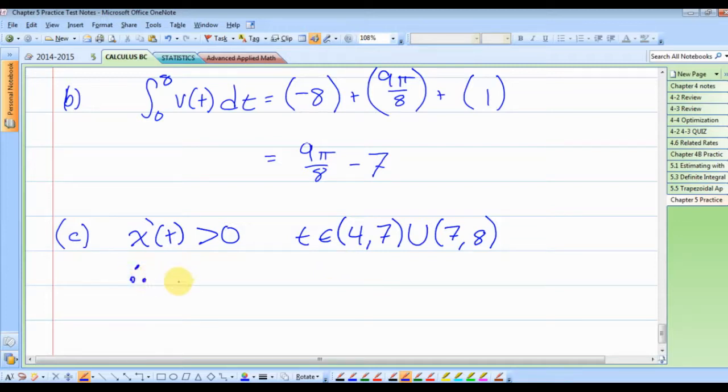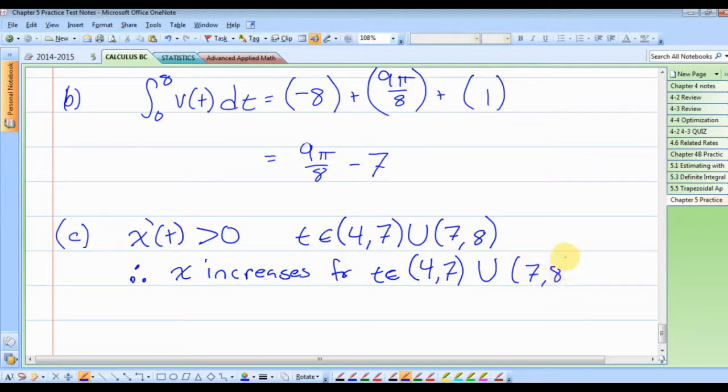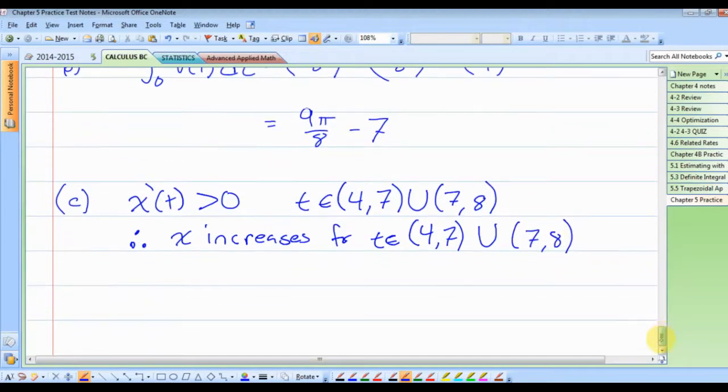Therefore, x increases for t between 4 and 7 and 7 and 8. This is a graph of x prime. Isn't the question asking where x increases? Yes. X increases when x prime is positive.